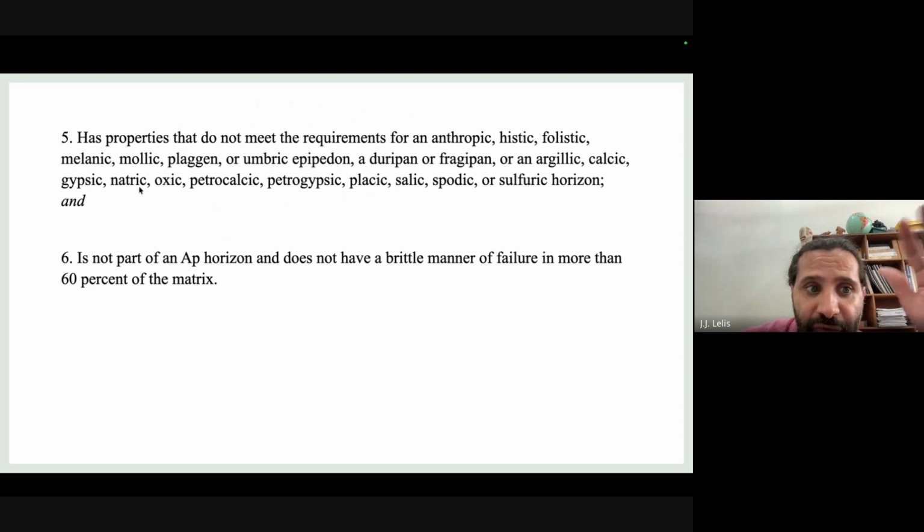So if you fit the criteria for any of these horizons, it's not a Cambic, okay? The Cambic horizon is also not part of an Ap horizon, a horizon that has some human influence and does not have a brittle manner of failure in more than 60% of the matrix. Okay, so I cannot register any strong influence of humans.